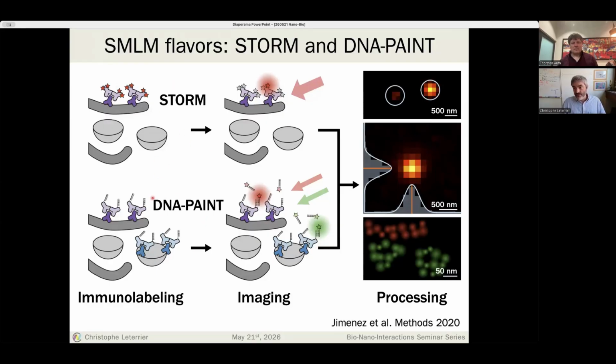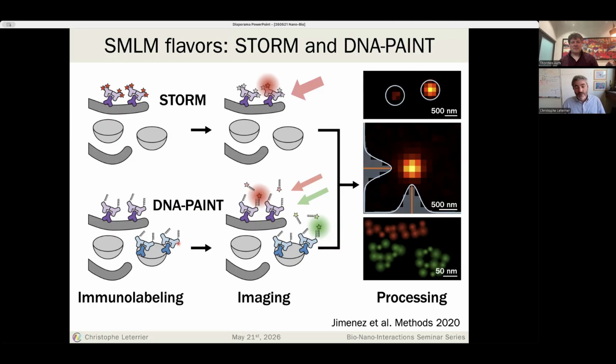Both are SMLM techniques. In STORM, you use a classic immunolabeled sample, and you put it in specific conditions with a reducing agent and a high laser power that makes them go to the dark state, and only a few of them are blinking.